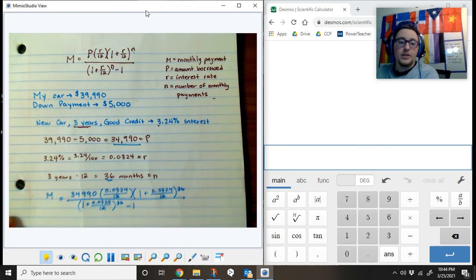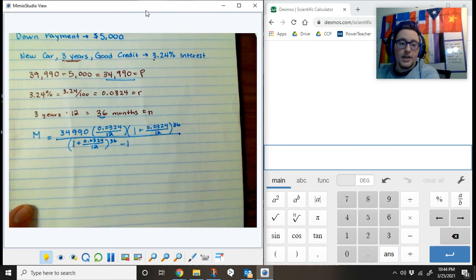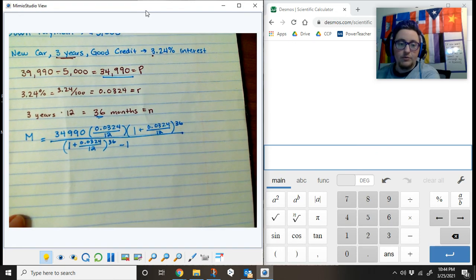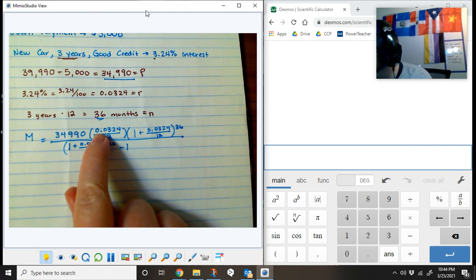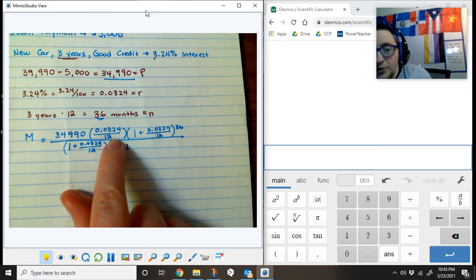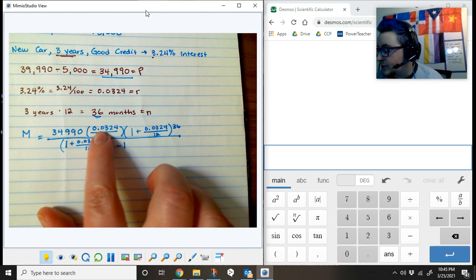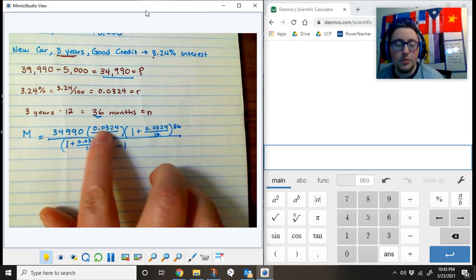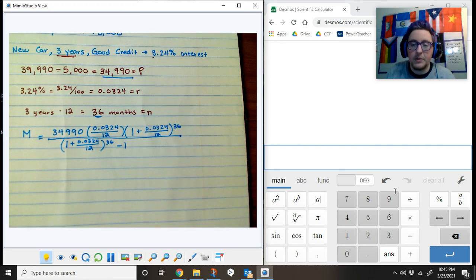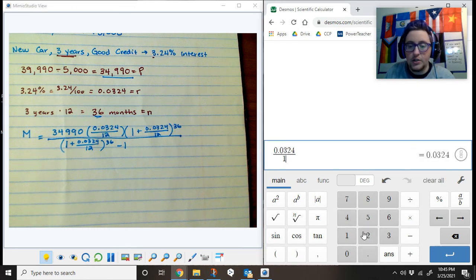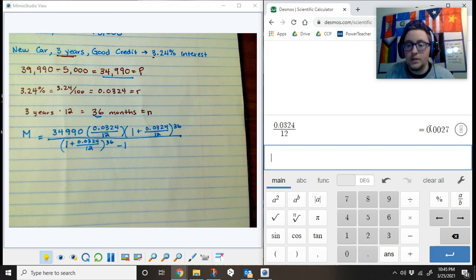Whew. So that looks like a lot, but you'll notice that a lot of it is stuff that repeats. Like, for example, this 0.0324 over 12, that's 3 times in my equation. So I'm going to start by doing my 0.0324 over 12. I'm going to use my Desmos calculator. So 0.0324 divided by 12 equals 0.0027.